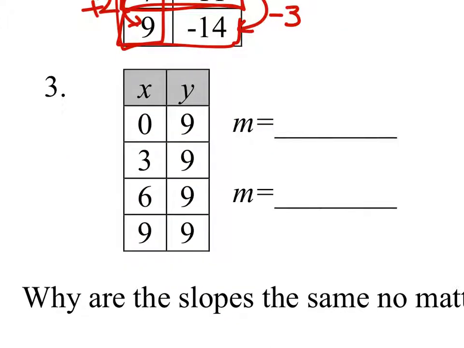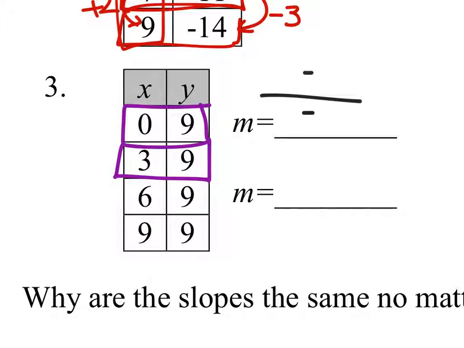All right, finding good old slope. We're going to have this fraction up in here with differences. Which 2 points do you want to use on this one? First one, (0, 9) and (3, 9).